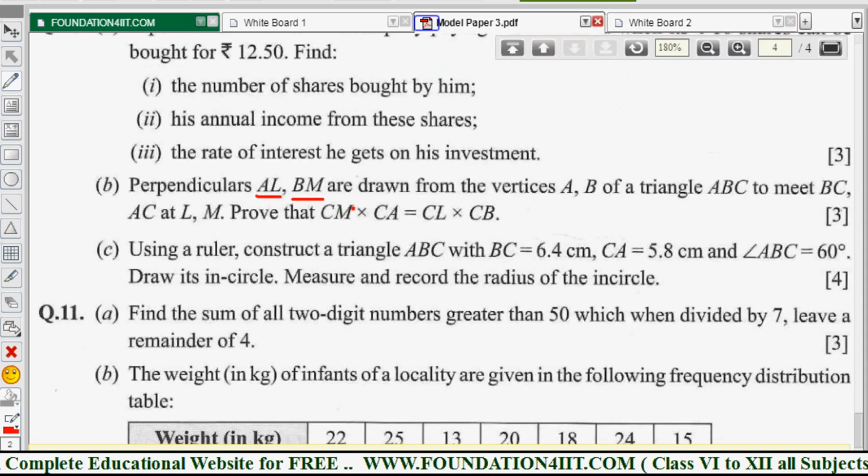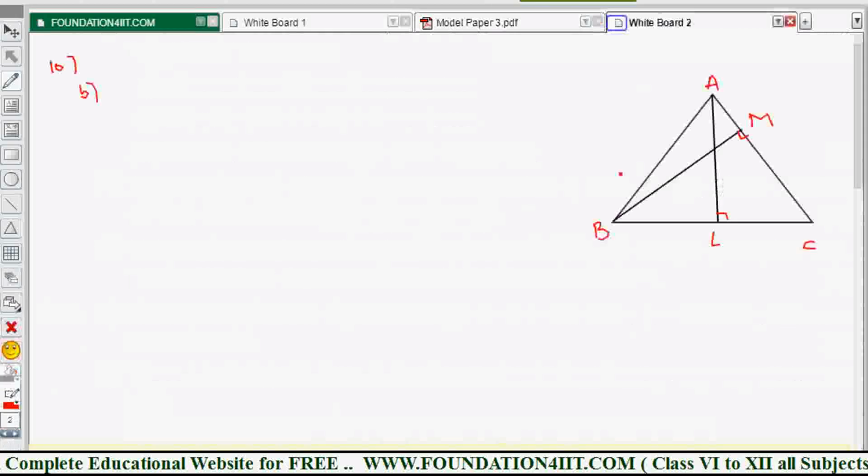Now from this data we need to prove CM into CA is equal to CL into CB. To prove this, we need to prove first that both triangles are similar. So first you take the given. Given data is AL is perpendicular to BC and similarly BM is perpendicular to AC. These two are given. And what we need to prove?